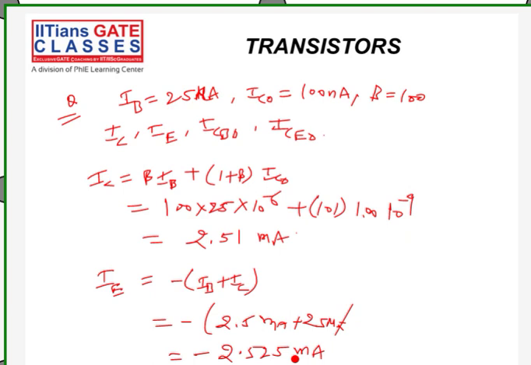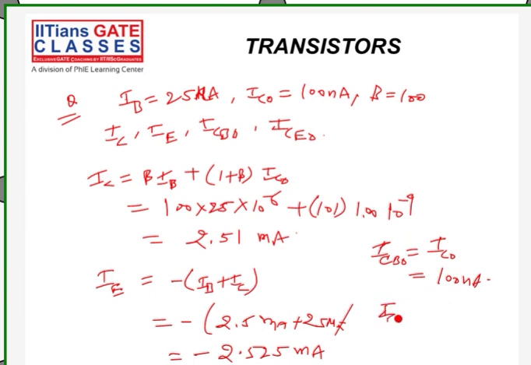So here I can write ICBO. Is this ICBO? That is equal to ICO. That is, they have given 10 nanoampere, 100 nanoampere.